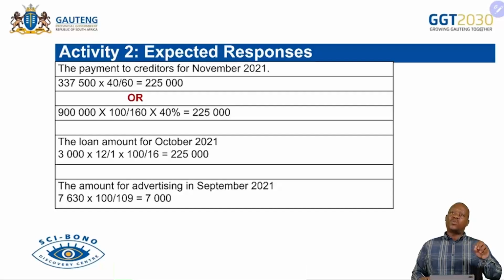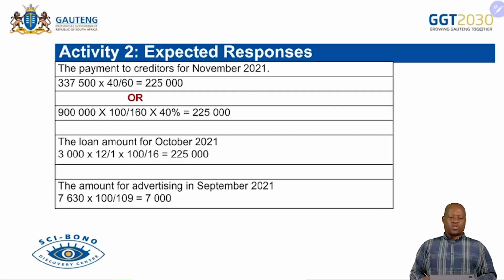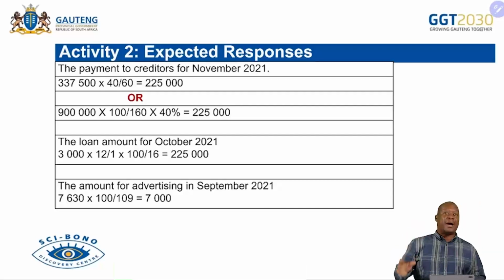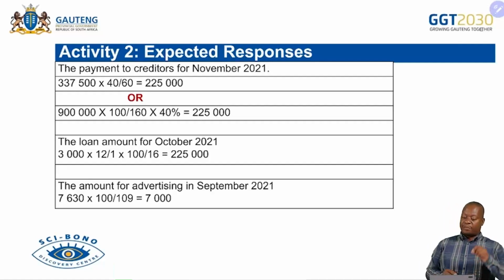We are told that our creditors are paid in the month following the month of purchase. So to find the payments we are making in November, we can never look into the purchases of November, but we must look into the purchases of the previous month.